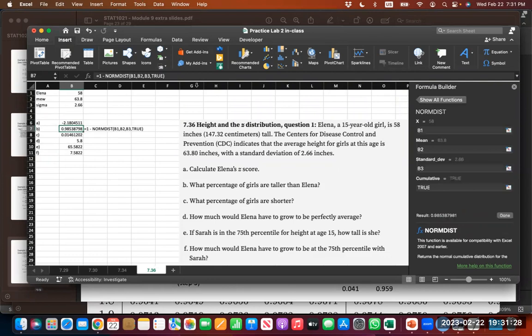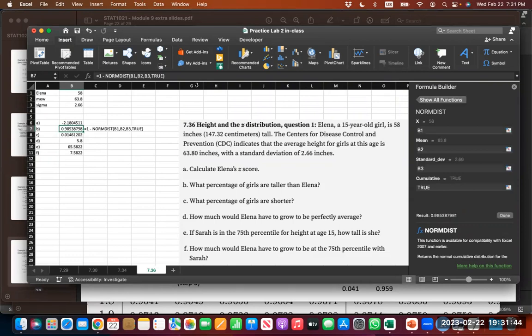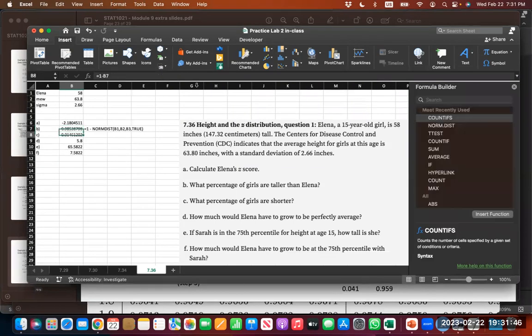That gets us the z-score. From the z-score, we can quantify the percentile she's in, which is the 1.5th percentile. So 1.5% of all the girls are smaller than Eleanor. So Eleanor is really rather on the shorter end. So 98.5% are larger than her. Yeah, she's not the tallest girl.